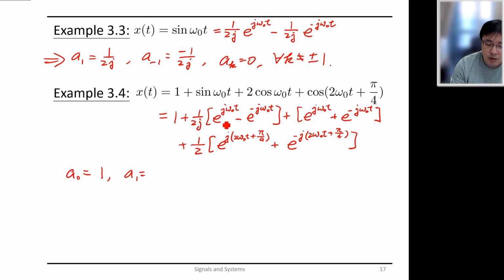We have e to the j omega naught t here and also here. So A1 is 1 over 2j plus 1. Or you can reorganize this: if you multiply j in both the numerator and denominator, you will get 1 minus 1 over 2j.